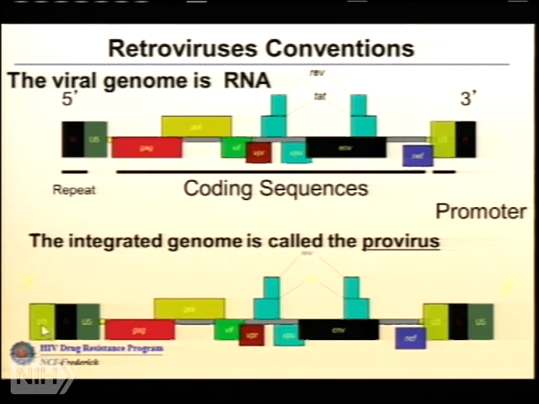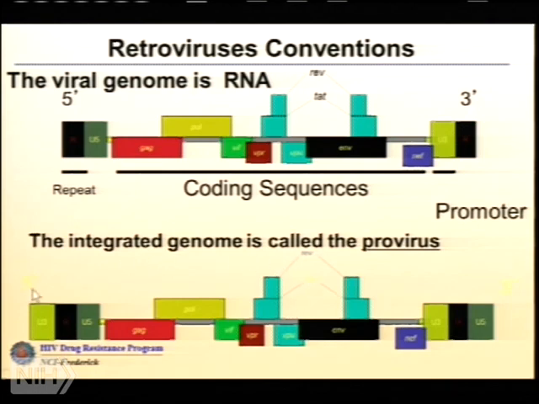Once it gets integrated, these ends become more complex. What was over here as what's called U3, the unique region in the 3' end, is now at both ends. And U5, the unique region at the 5' end, is now at both the 5' end and the 3' end. And this R region, repeat, which directly repeats at both ends, is now at both ends.